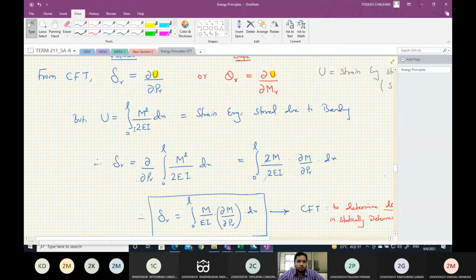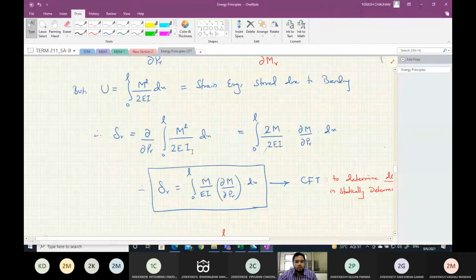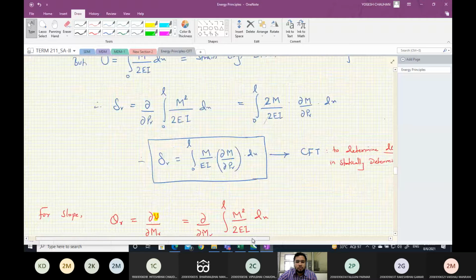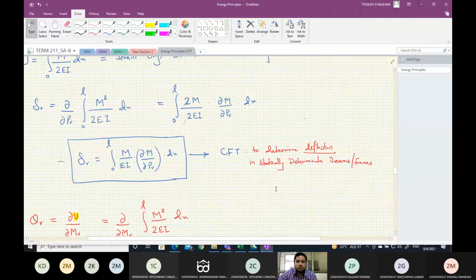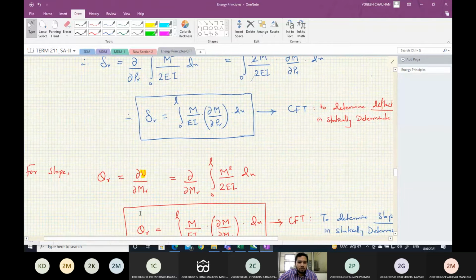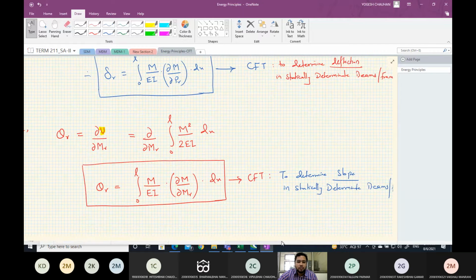But we know that U equals the integration from 0 to L of M squared by 2 EI dx, which is the strain energy stored due to bending. So we can write delta R equals the integral from 0 to L of M by EI times del M by del PR dx. That is Castigliano's first theorem, which is used to find the deflection in statically determinate beams and frames. Now the slope is given by the integral from 0 to L of M by EI times del M by del M_R dx, which is used to find the slope.